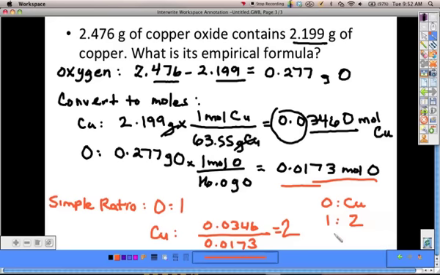Now I can figure out that I must have Cu2O. So if I were to name this, how would I name it? Go ahead, Katie. Maybe copper 135. Very close. Evan?